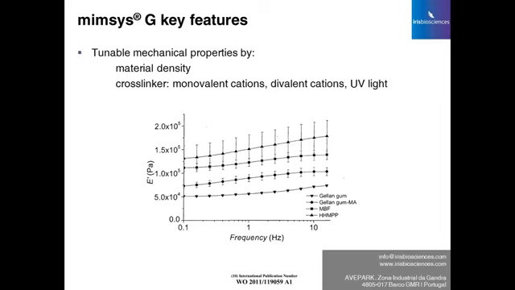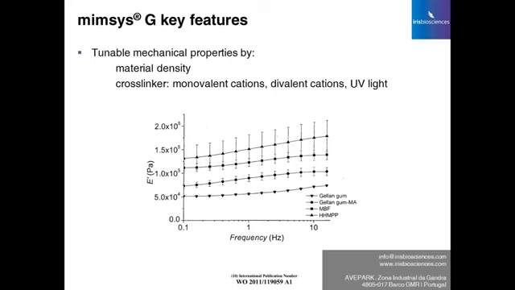So what are some of the mimsys G key features? One of the most important is its mechanical properties are tunable. So if you work with cells that require a more stiff material environment or a softer environment, for instance neurons, you can tune these mechanical properties by working with the density of the material or with the cross-linker.